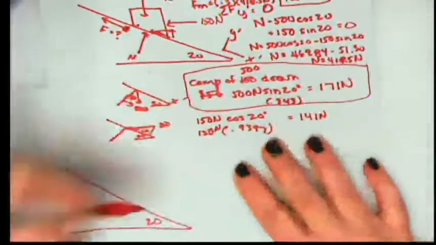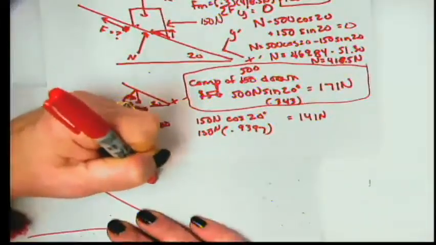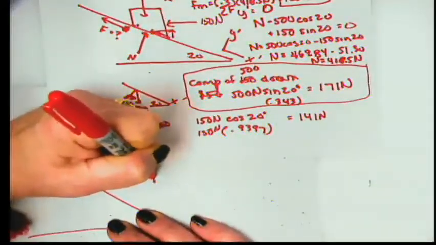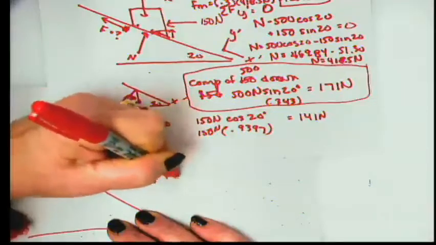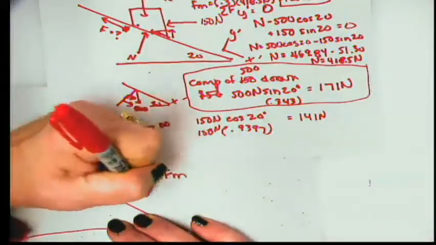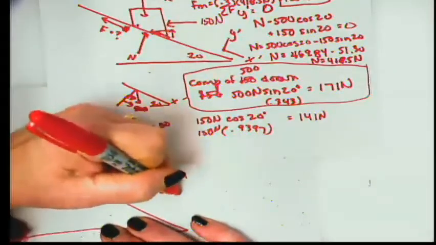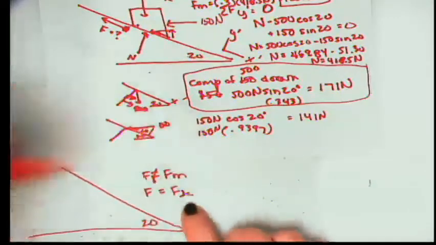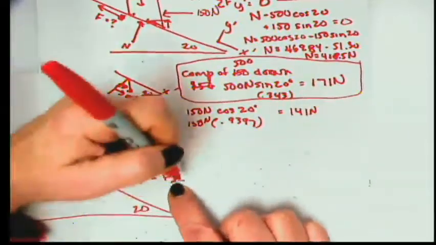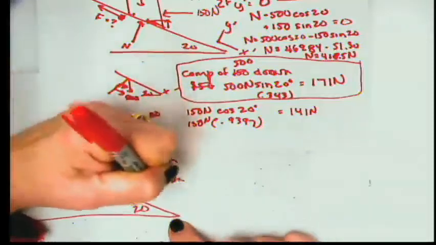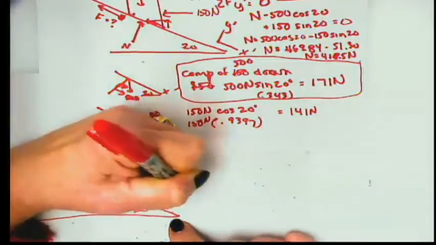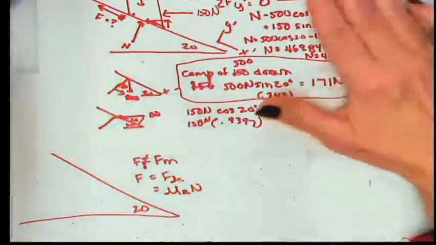Okay, well what that means is the frictional force is not going to be equal to F sub m. It is rather going to be equal to F sub k, the kinetic friction. So it's going to be equal to mu k times the normal force.